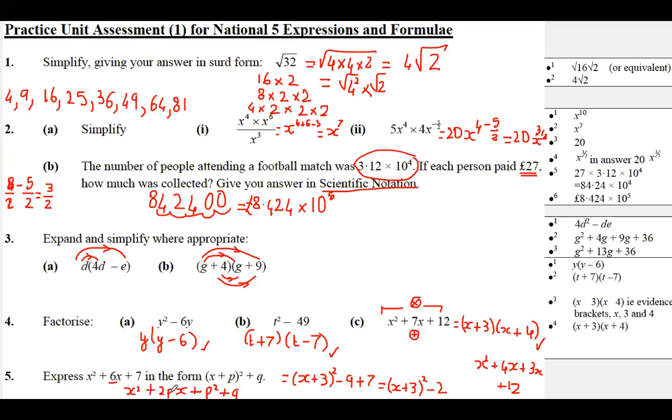So that 3 here that you knew because you've been learning it by heart, you could find it straight away by expanding this and saying, oh, I need to have the coefficient of x as 6, as they've asked me there, but 2p is 6. So what is p? P must be 3. So there you go. You've got 2p equals 6. P equals 3.